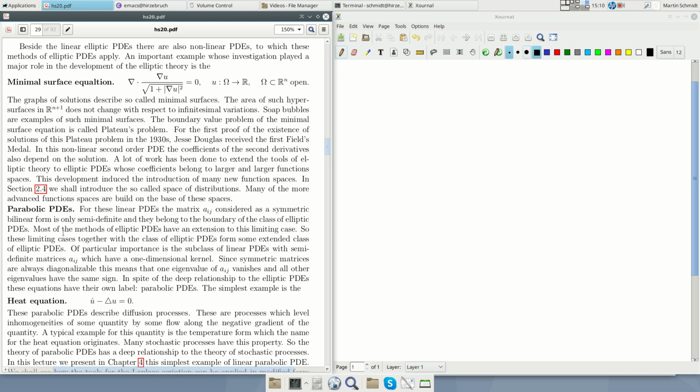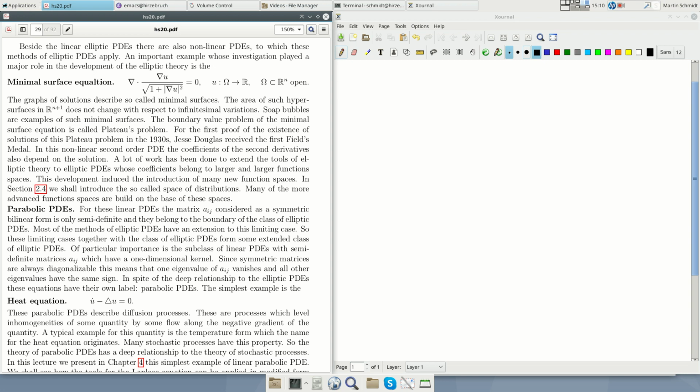So these parabolic PDEs should be considered to belong to the boundary, and they form together with the elliptic PDEs an extended class of elliptic PDEs, which all share many properties.